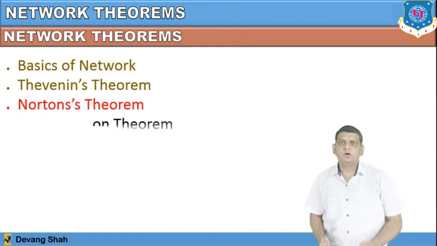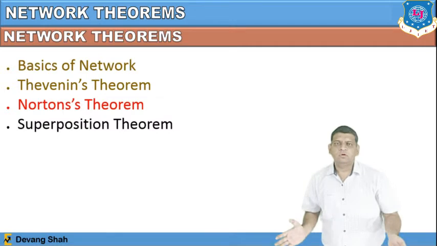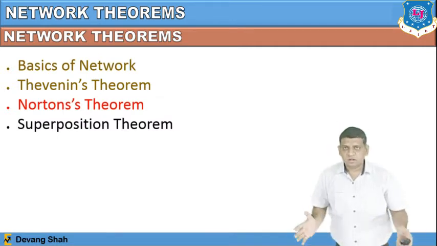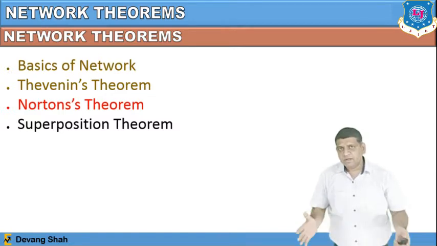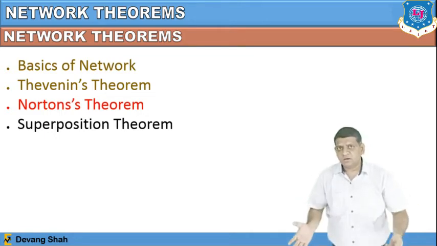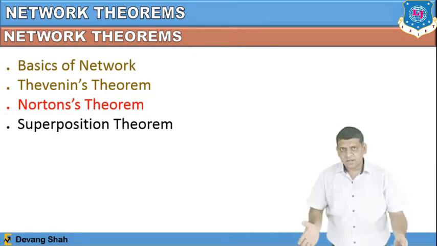In this particular part, we are going to cover the circuit theorems: Thevenin theorem, Norton theorem, and superposition theorem. Why are we learning these theorems? Once we design a circuit, we have to analyze it.